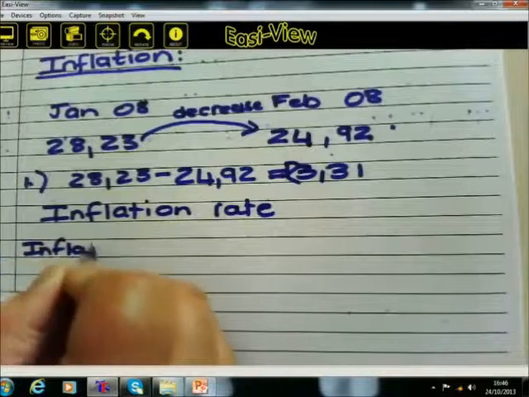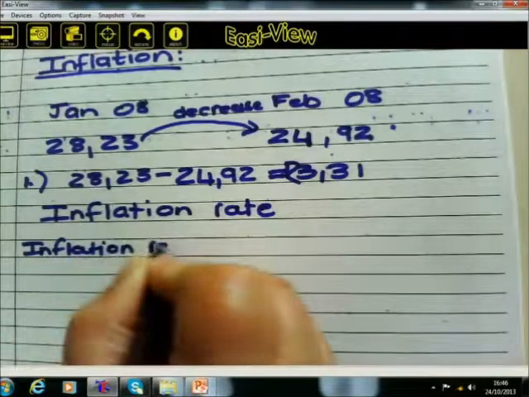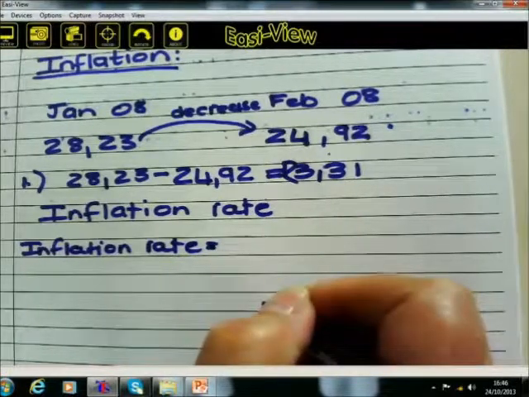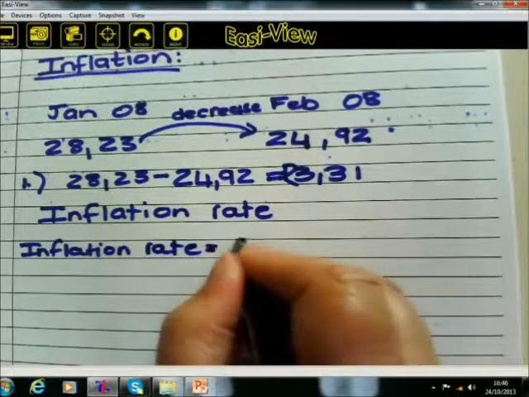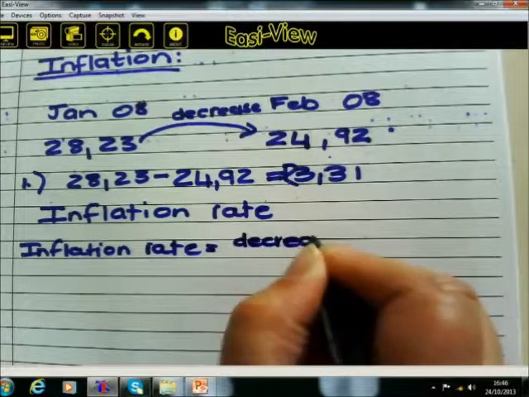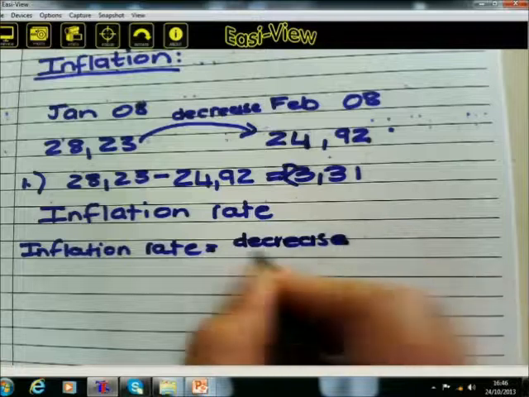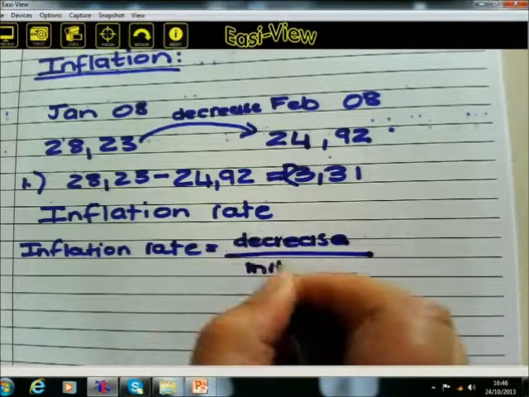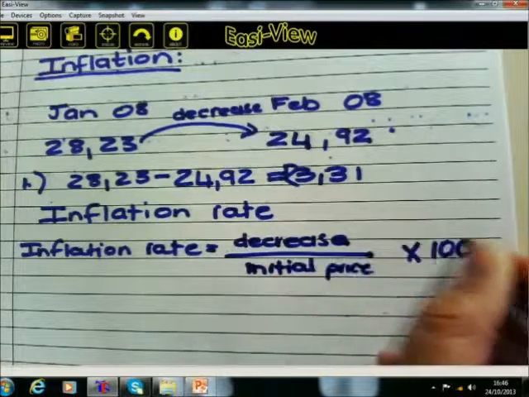Inflation rate is equal to the increase. But in this instance, it's not an increase, but a decrease. So we write it is the decrease in the price over the initial price multiplied by 100%.